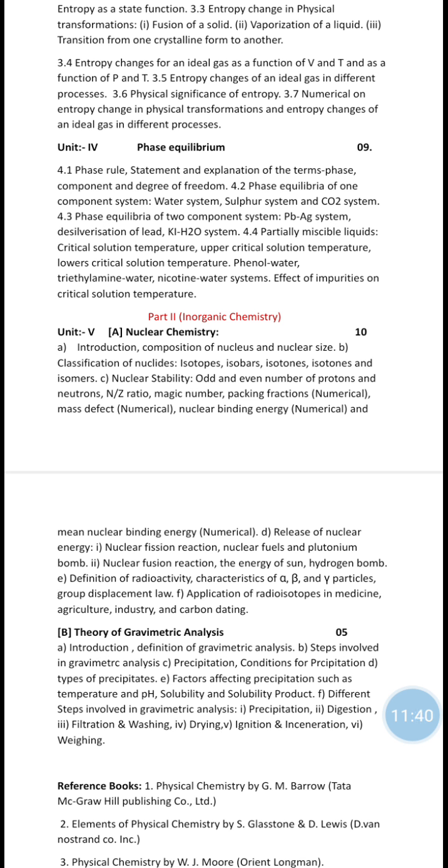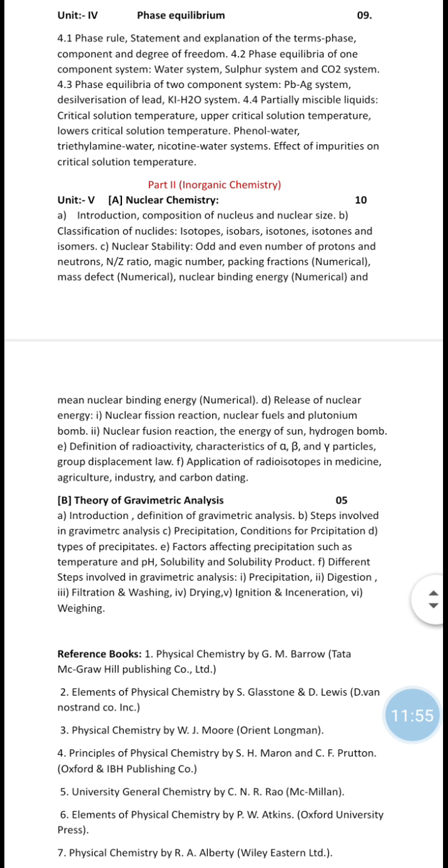In this manner we will complete the physical chemistry topic, or physical chemistry part. The second part is inorganic chemistry, and it includes two units.